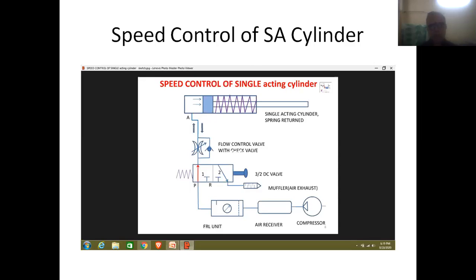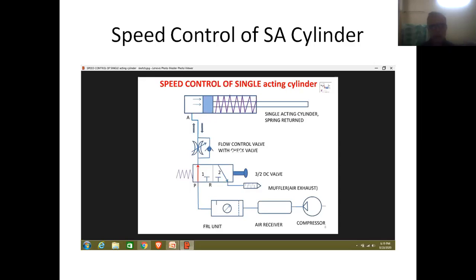As far as this topic is concerned, this is the main component to be placed in the circuit, called flow regulator, also referred to as speed regulator.